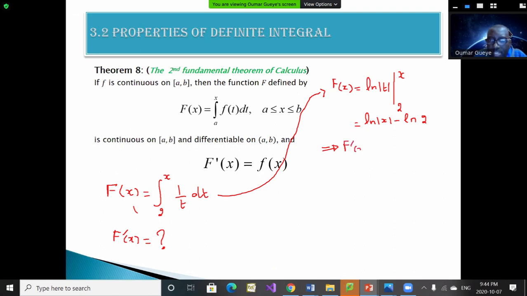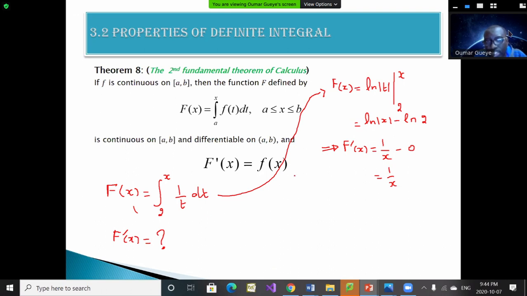You have to differentiate the first term. The derivative of ln of x is equal to 1 over x, right? Minus, what is the derivative of ln of 2? It's going to be 0. And then you get here 1 over x.